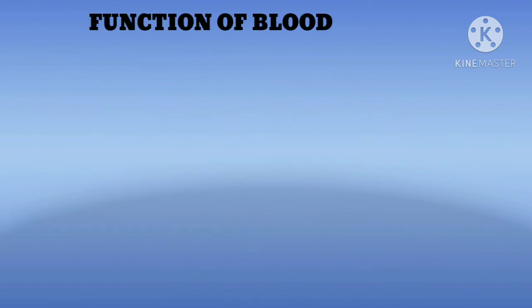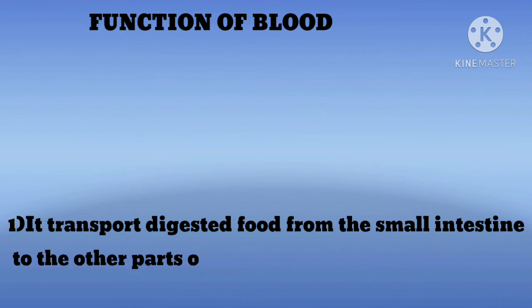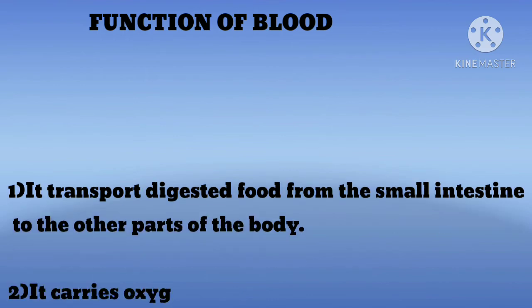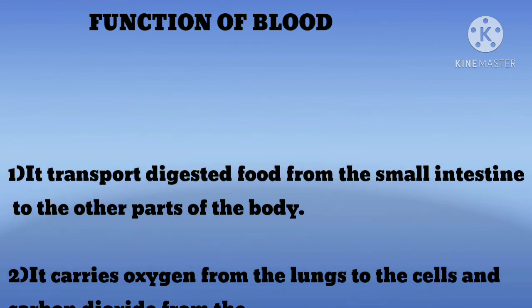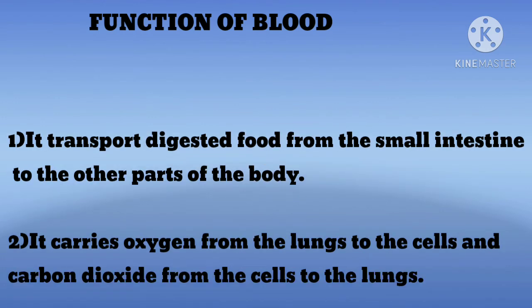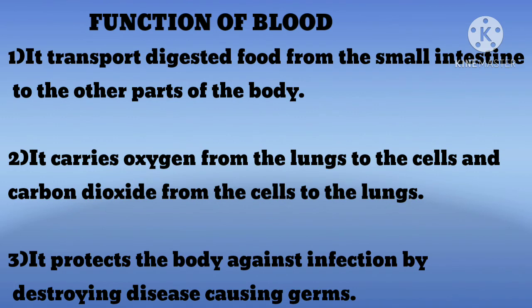Now students, we have to understand what is the major function of the blood. As we know, blood is a very important part of our circulatory system because it transports all essential material. So let's look at the functions of the blood. It transports digested food from the small intestine to the other parts of the body.